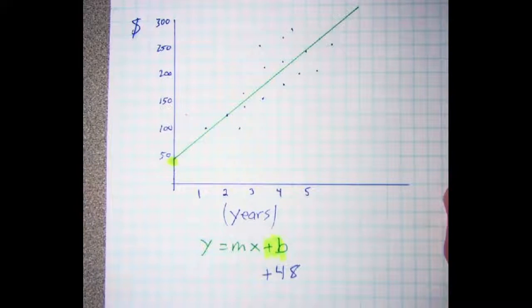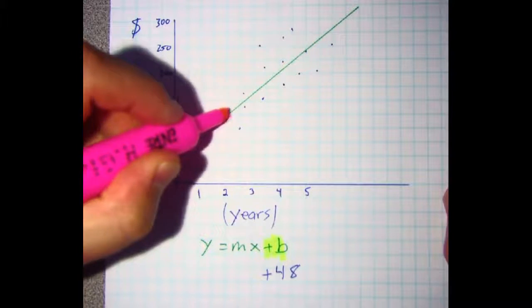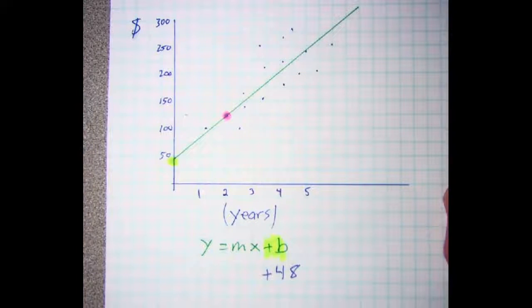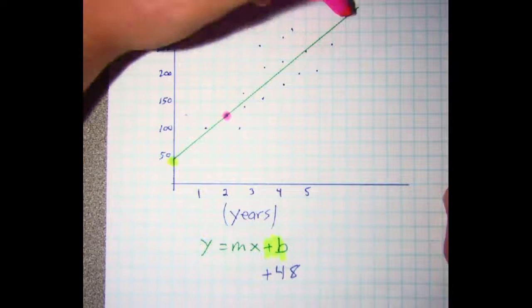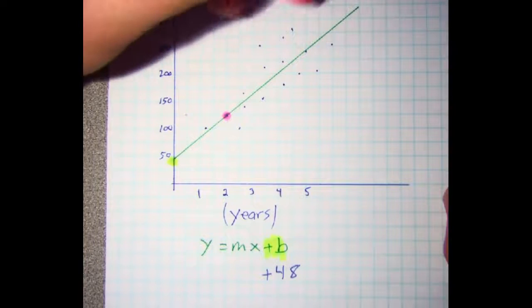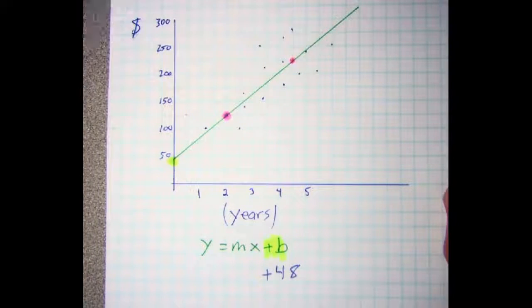Okay, and then you want to pick two lattice points if possible, like something where the blue boxes intersect. So there's one, and you want to pick them kind of far apart. So there's another one right there.